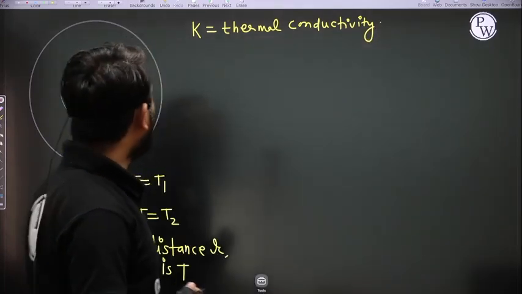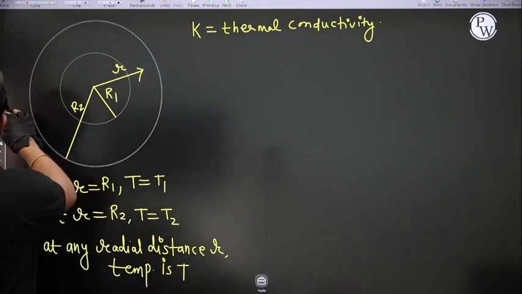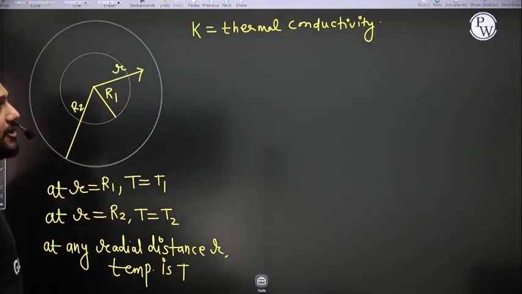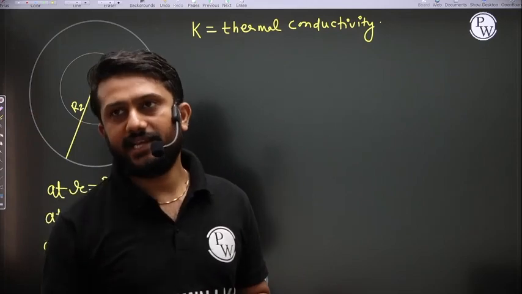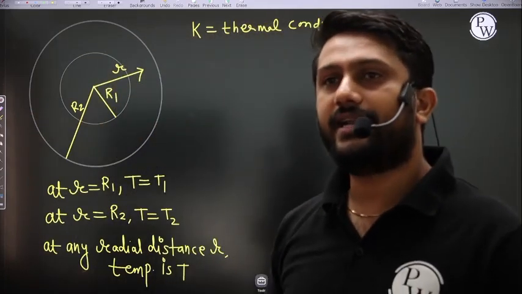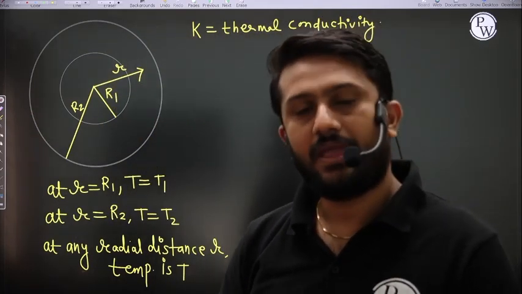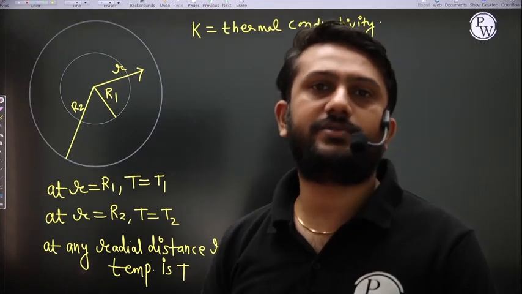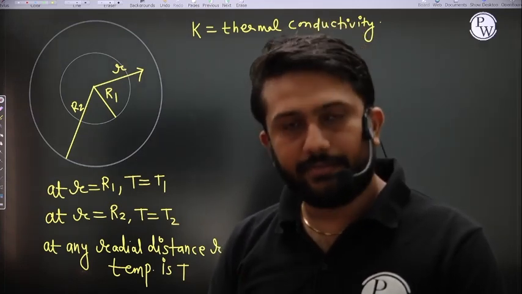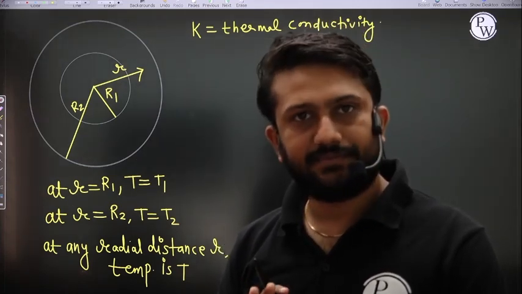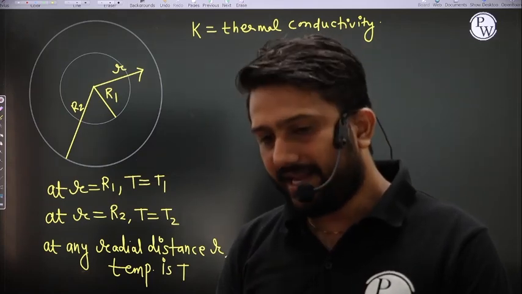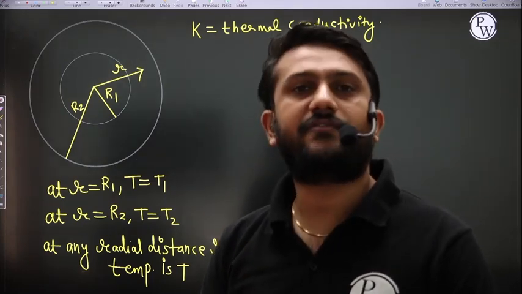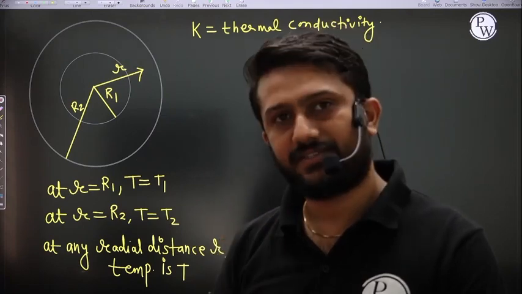And I want to find out the temperature variation with R, because I already told you in conduction heat transfer there are two objectives. The first objective is to find the temperature variation with respect to space, and the second objective is to find the rate of conduction heat transfer.